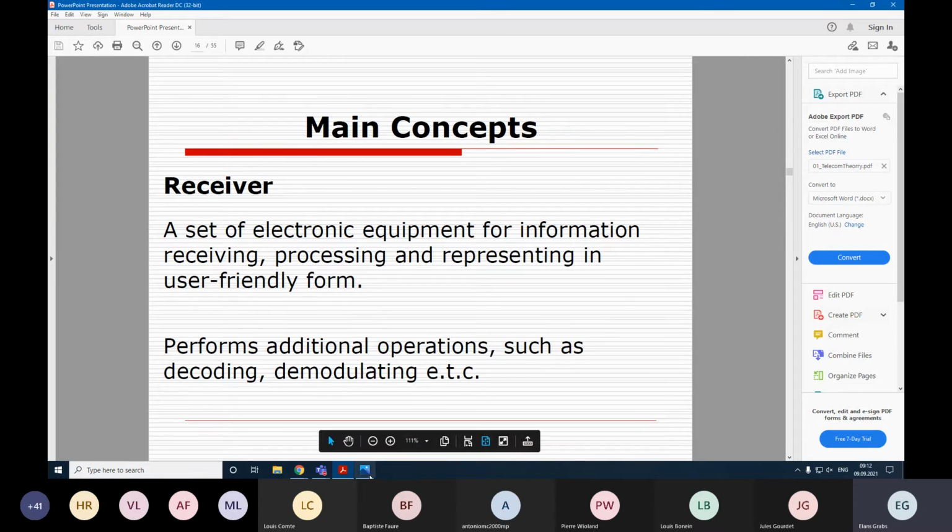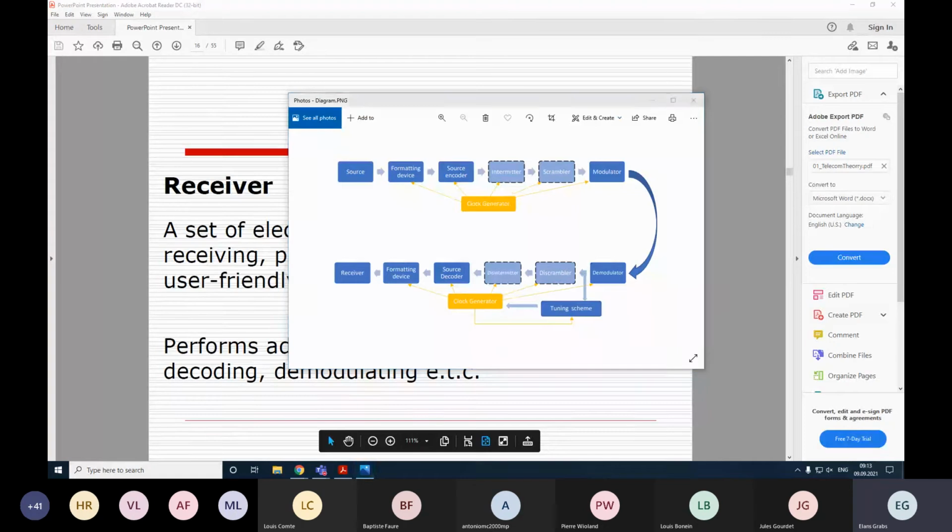I haven't yet spoken about what each block does, but we'll talk about it in our second lecture today in particular. But you need to understand that here we had acoustic waves, which are converted at the beginning into an electrical signal. Furthermore, somewhere here we need to convert this into digital information consisting of ones and zeros.